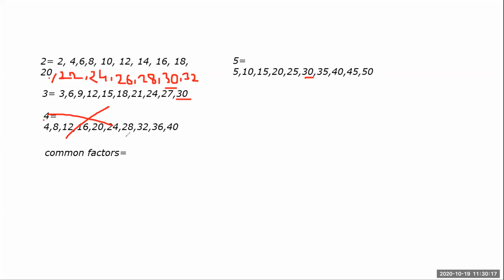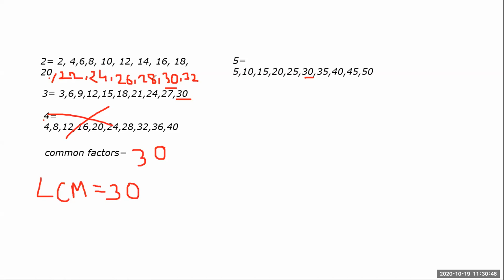Now we got our common multiple, what is it? 30. So what would be the lowest common multiple of 2, 3 and 5? The lowest common multiple, that is LCM, of 2, 3 and 5 is 30, as it is the common multiple in the table of 2, table of 3 and table of 5.